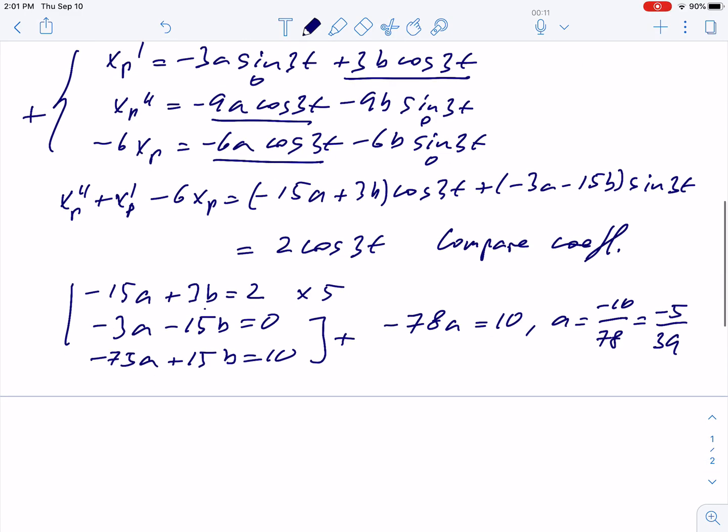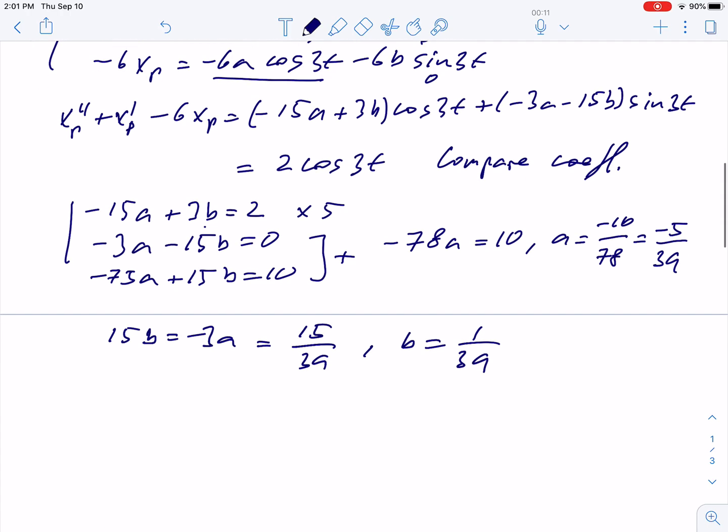We found a. Now we can use one of these equations here, let's say using the second equation to find b. From the second equation, 15b equals negative 3a. So this will be 15 over 39. So b will be 1 over 39. Excellent.